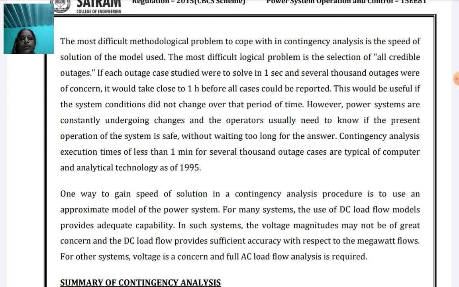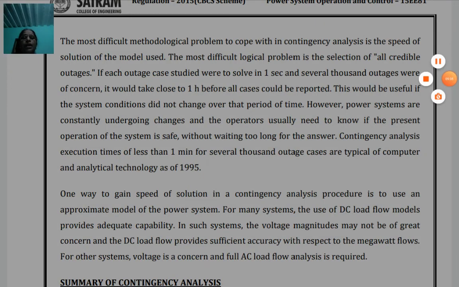DC load flow analysis is used to provide sufficient accuracy with respect to megawatt flows only. But in AC networks, AC load flow analysis is used to capture issues such as voltage collapse or instability of voltages in the power system.